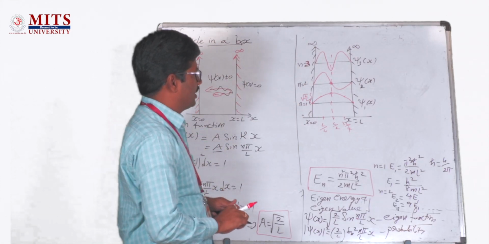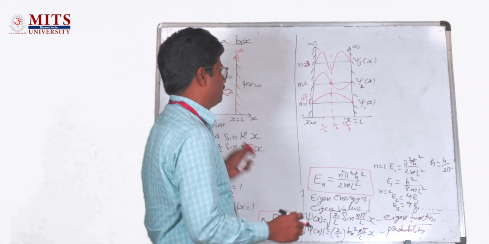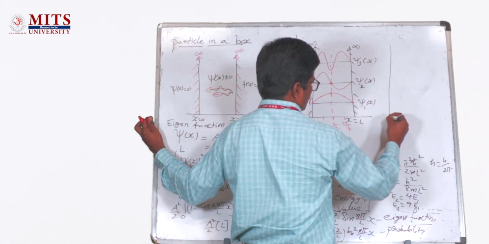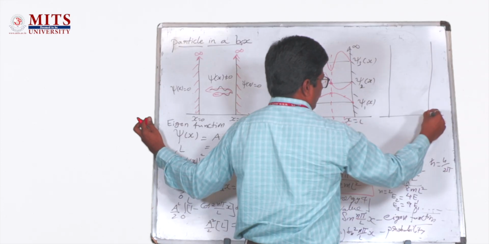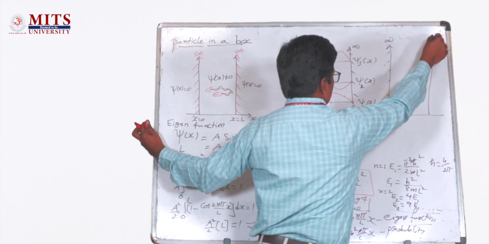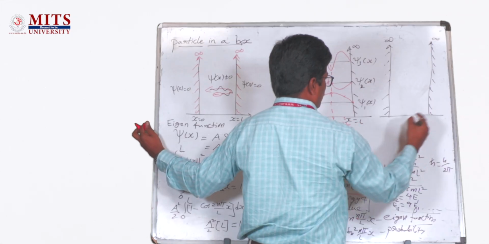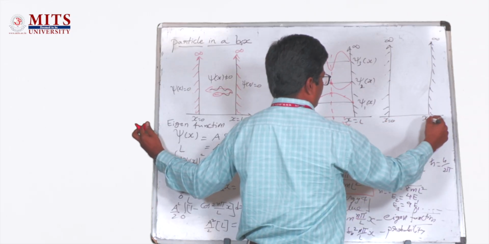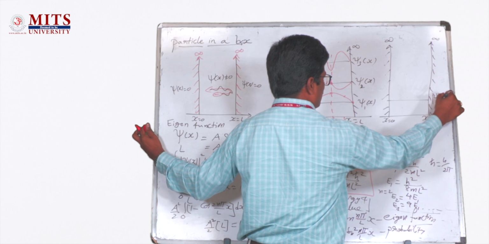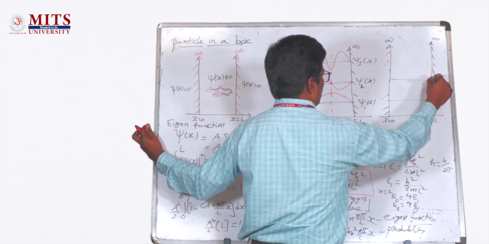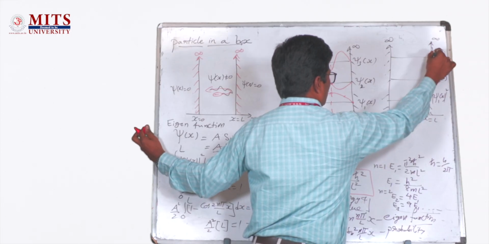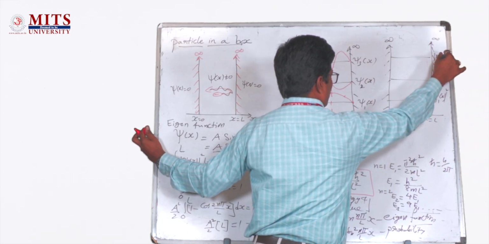Similarly, if you take the probability density function and draw this, you can see where the particle will be available mostly. Now this is mod psi1 of x whole square. Similarly, mod psi2 of x whole square, mod psi3 of x whole square.